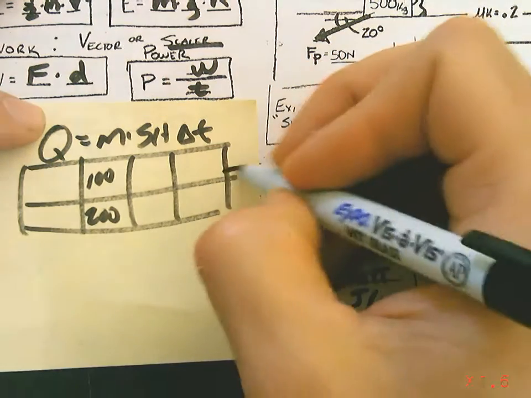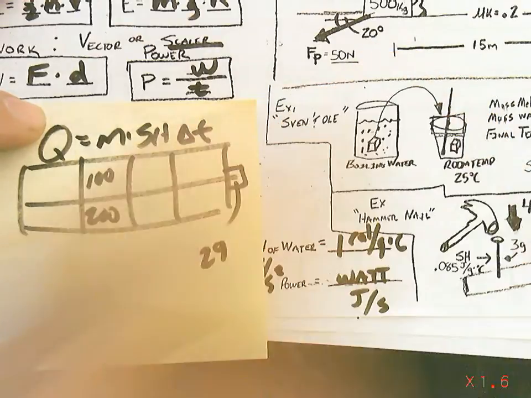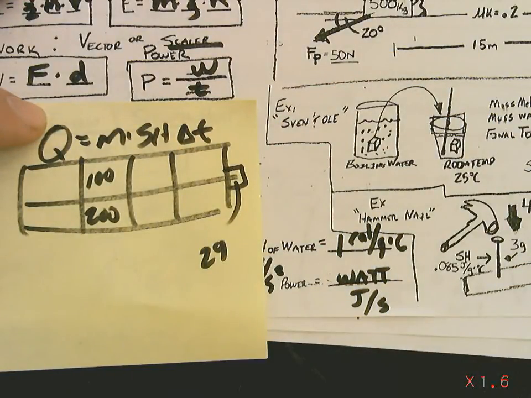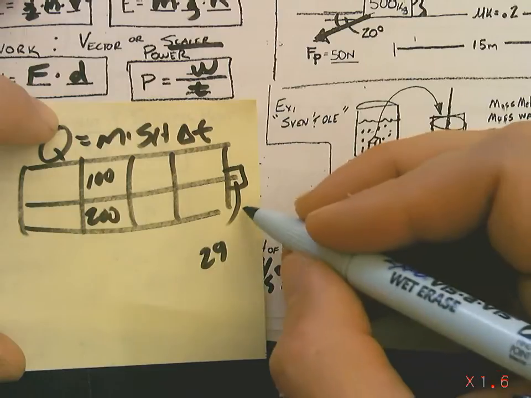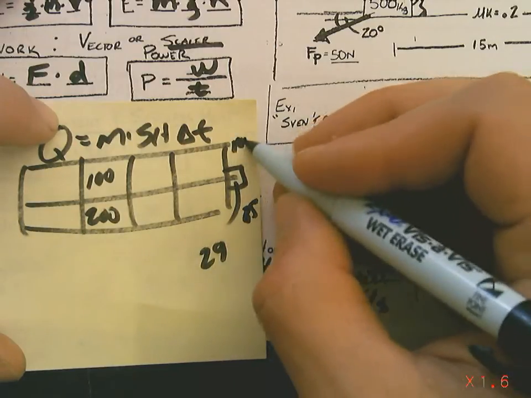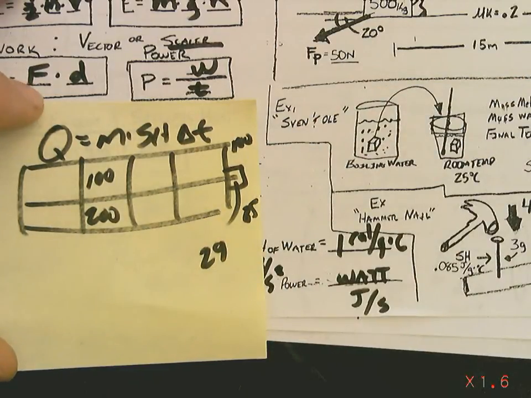The final temperature of the water was 29. And the initial temperature of the water was 25. Of course, the metal's 100 because it's boiling. And we can find our changes in there. Remember, the water has a specific heat of 1, and then these two things equal each other.